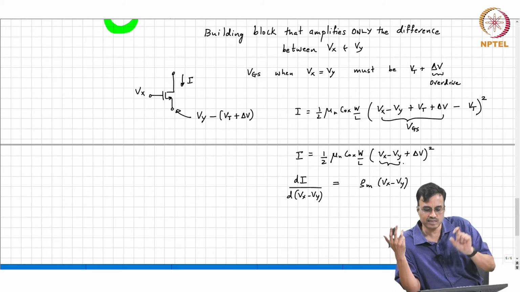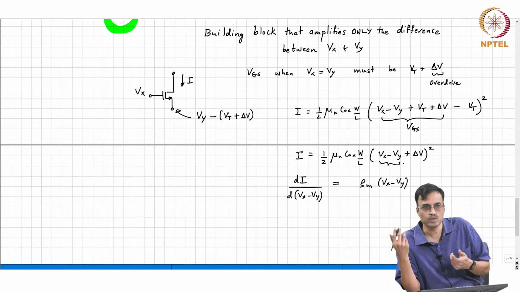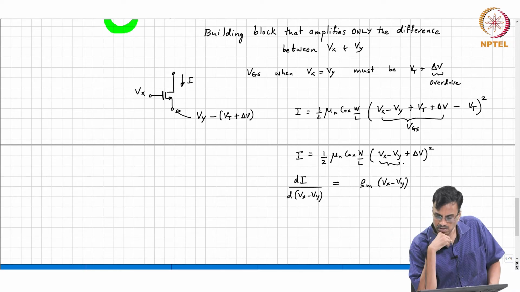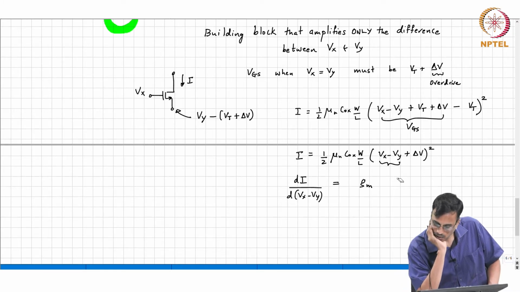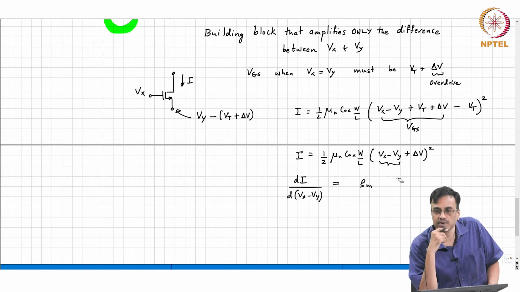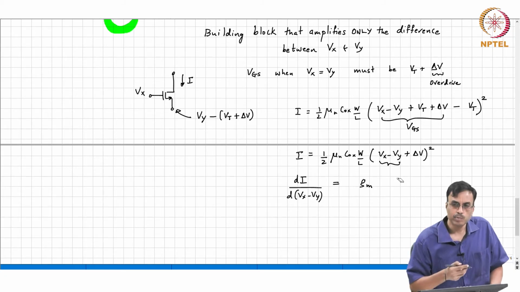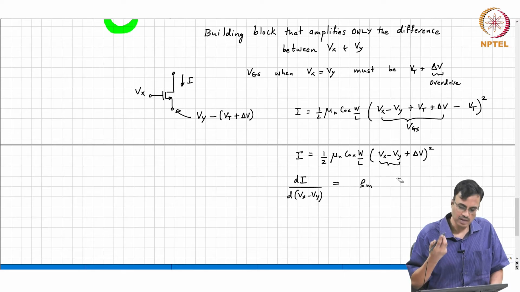How will we convert this change in drain current into a change in voltage? Where will we put the resistor? In the drain.